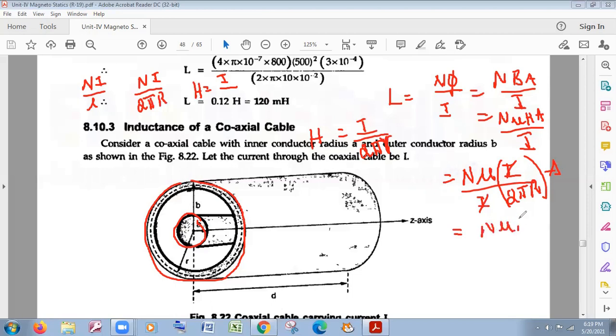N mu A by, it's not the capital R, my distance, small r. The Gaussian surface here is a small r only. N mu A by 2 pi r. Okay.